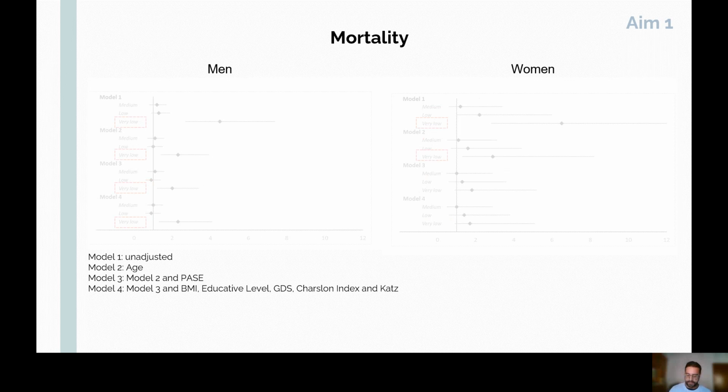For mortality, interesting results show similar results to the hospitalization in men, but in women, we saw that when accounting for physical activity, this increased risk disappeared. So the explanation of the association between mortality and muscle power could be due to physical activity in women.